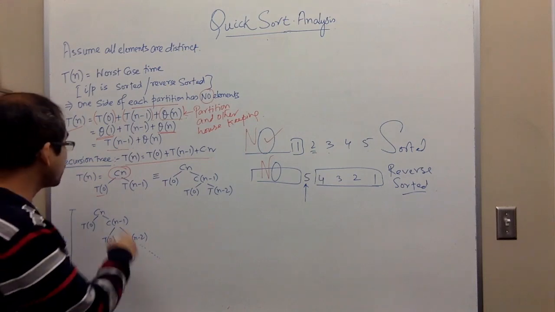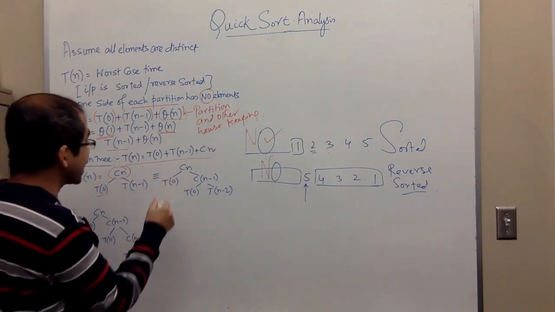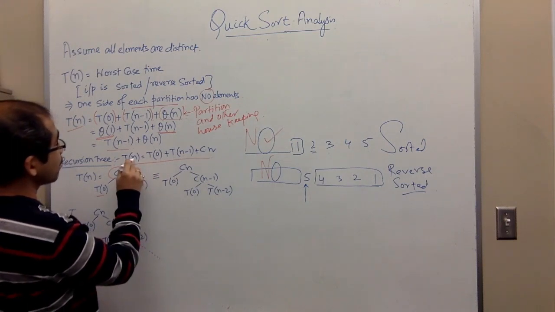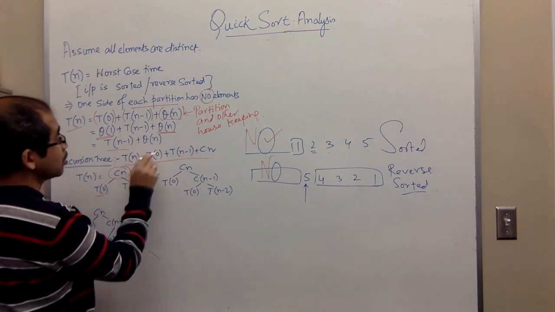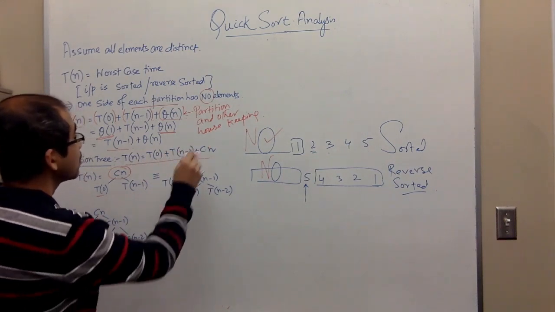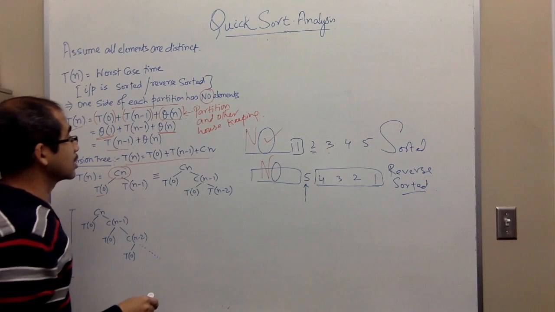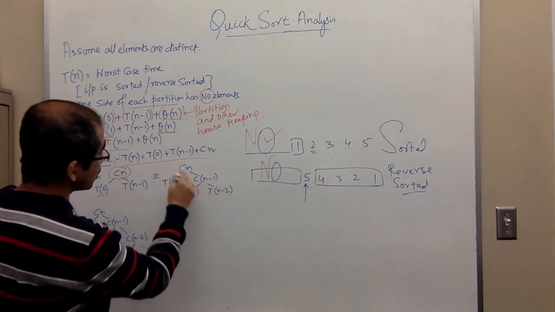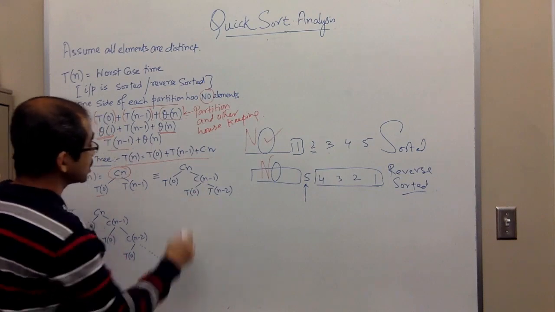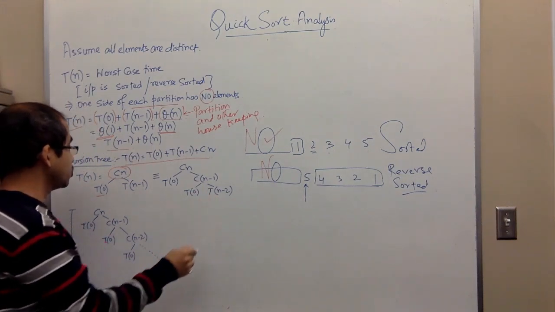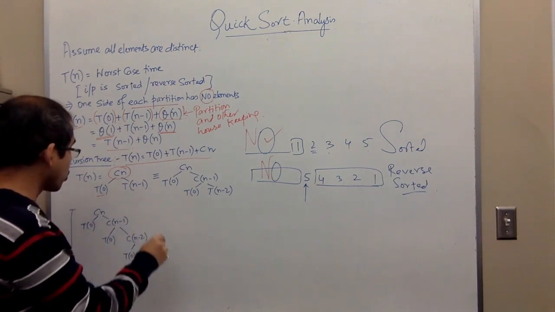If we keep doing that, in the next level we have T(n minus 1), and if we put n minus 1 here, it will be T(0) plus T(n minus 2), plus c(n minus 1), plus cn. Then this c(n minus 1) will again have two children, T(0) and T(n minus 2). In that way it will grow.